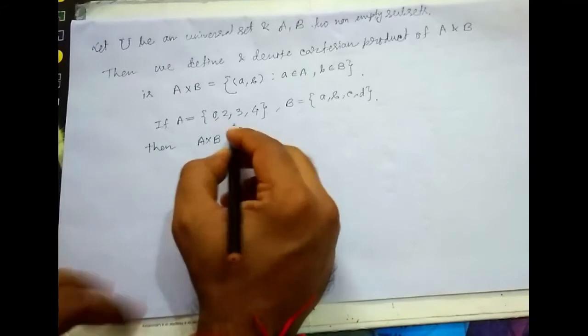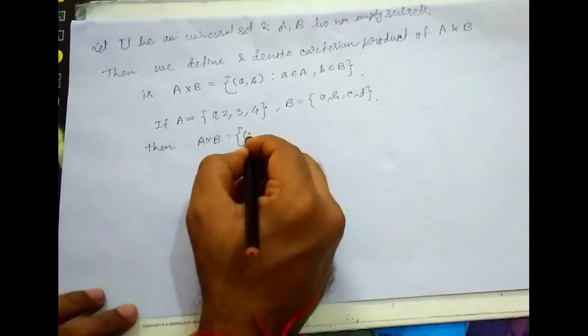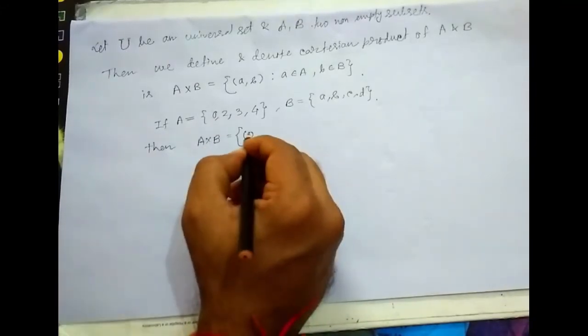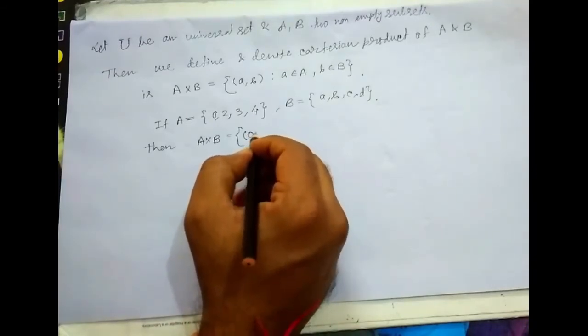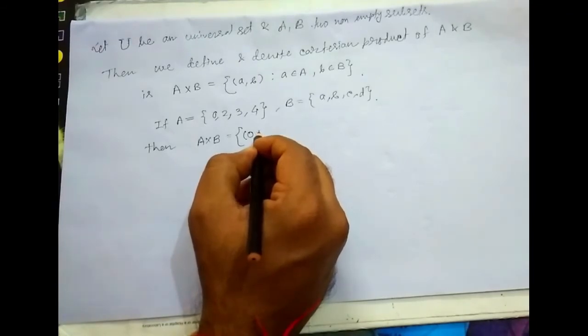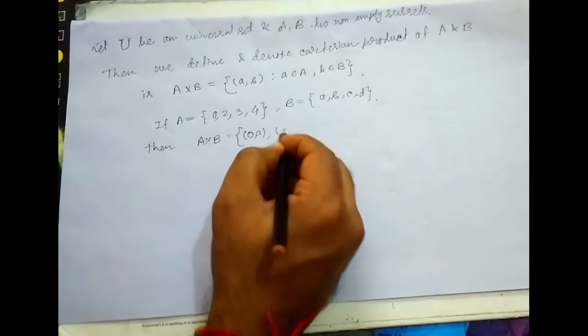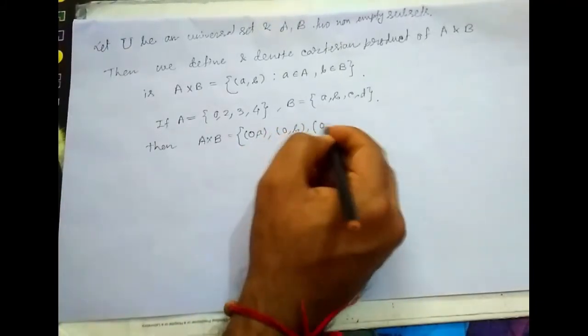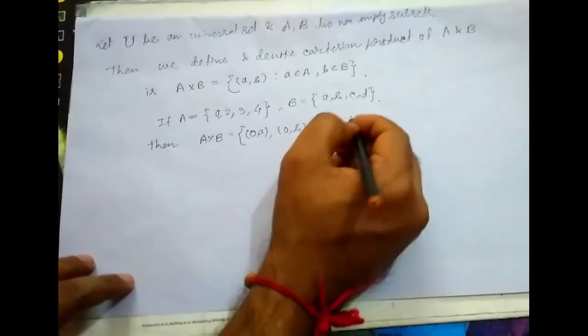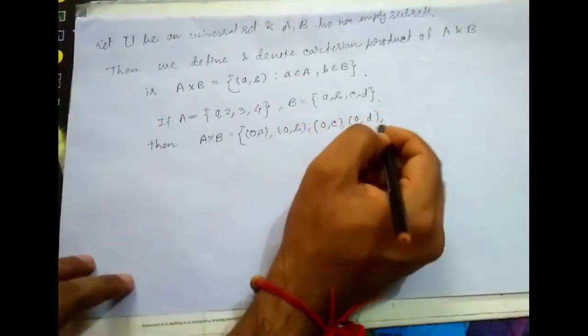So at first if we put in first component 0, then the possible ordered pairs are (0, a), okay, (0, b), (0, c) and (0, d).